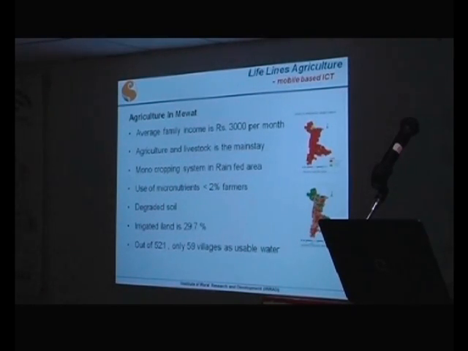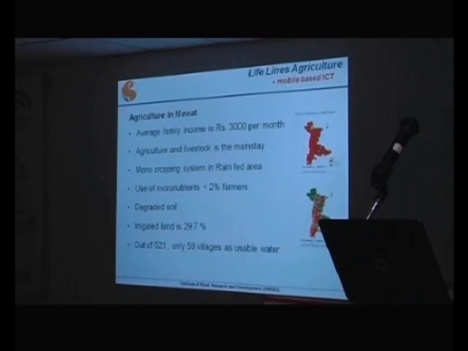Micronutrients are used by less than 2% of the farmers, and Mewat has around 522 villages. Out of that, only 59 villages have sweet water, which caters to the entire Mewat. So the pressure on water for drinking and agriculture is very high in this area.